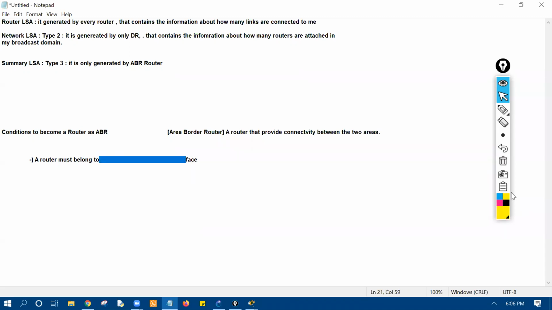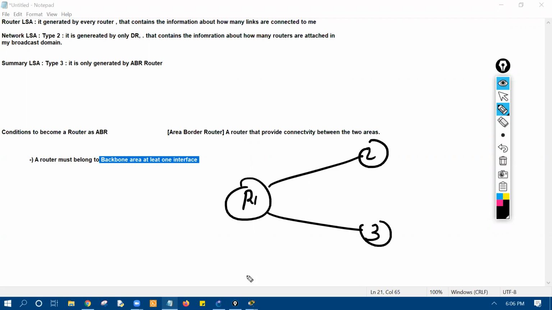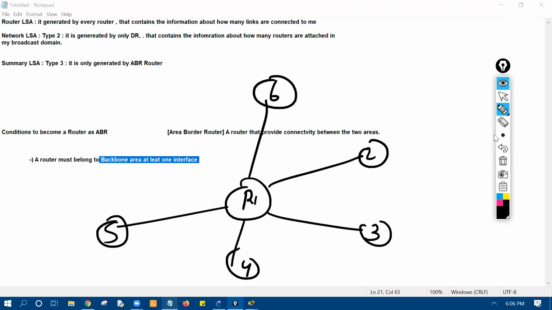For example, R1, R2, R3, R4, R5, R6. In this case, what happened? For example, this is area number 1, this is area number 2, this is area number 3, this is area number 4. This is area number 0. R1 will become the ABR.